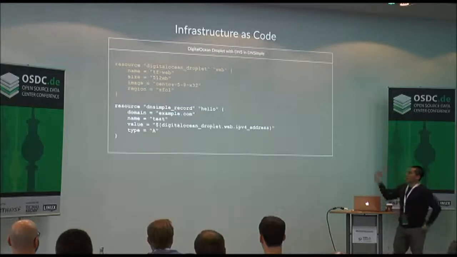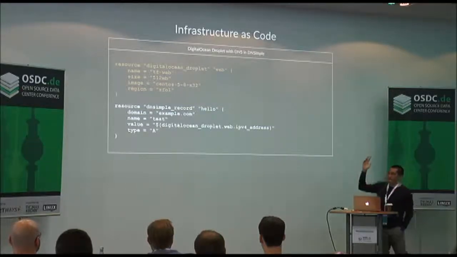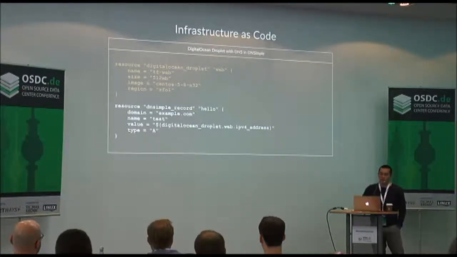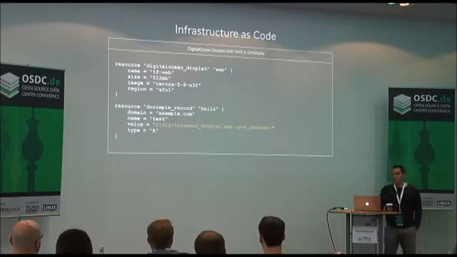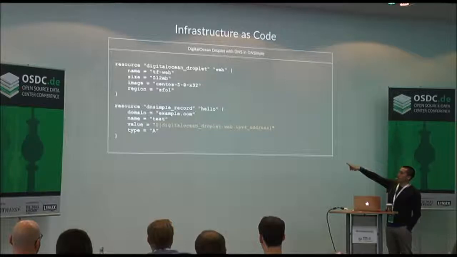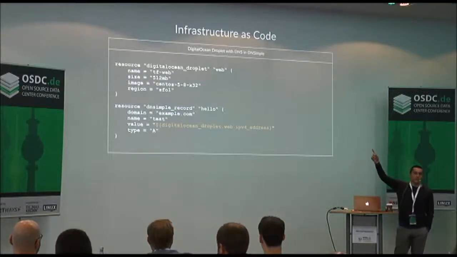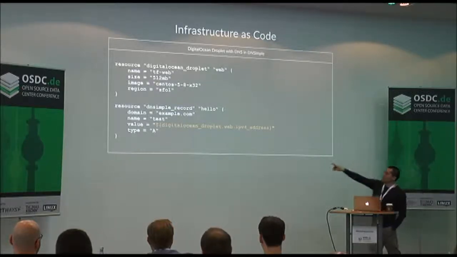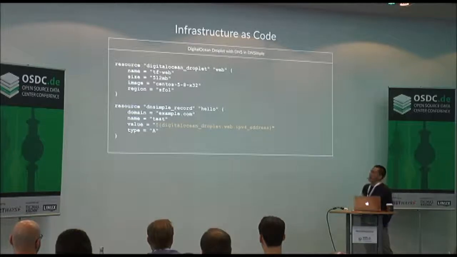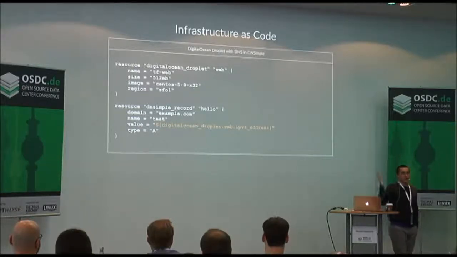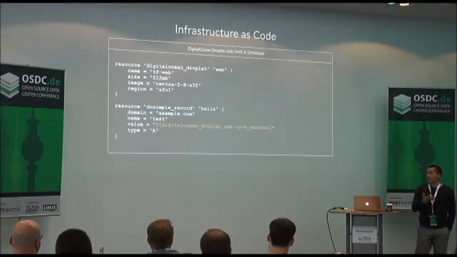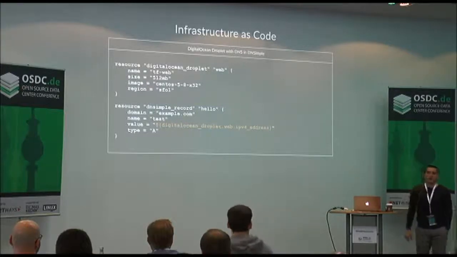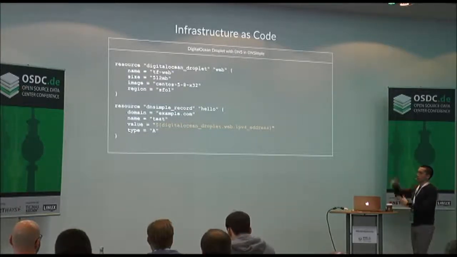On the top, we're creating the DigitalOcean droplet. It should be pretty straightforward what's happening here. At the bottom, we're creating the DNS record. One interesting note is that the DNS record is referencing the IP address of the DigitalOcean droplet. You can see the syntax there. And this is very different from, I think, most other config management systems out there in terms of how we model things.